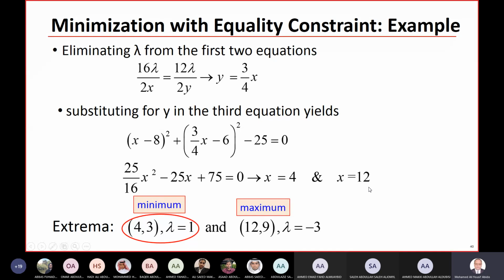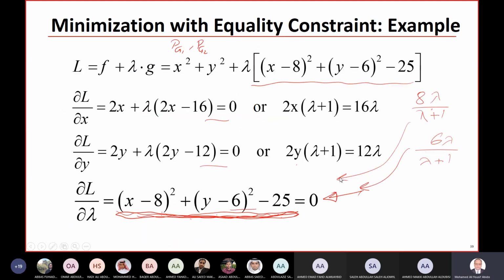For the other solution, sorry, if x equals 12 you can say y equals 9, and then you can substitute to get lambda. So you will find, for x equals 12, this is 24 minus 16, so 8, and this is 24 and this is 8, so lambda equals minus 3.